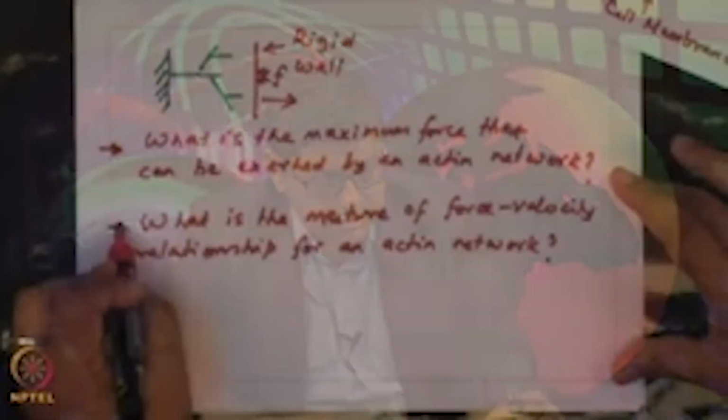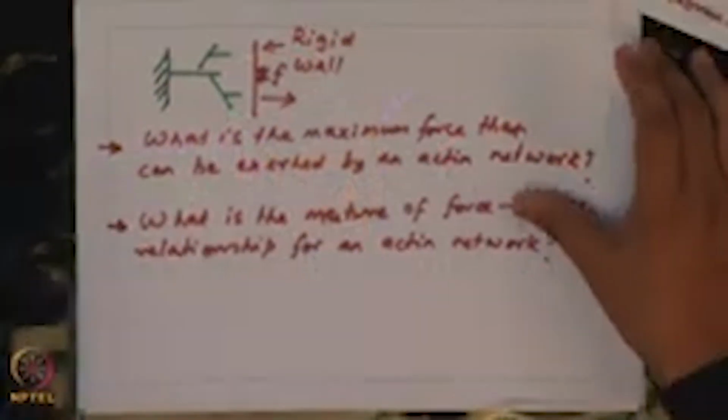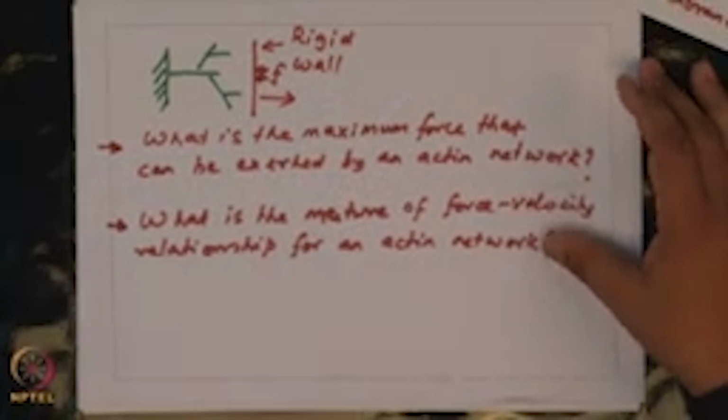However, if the force is greater than this F, then the wall will move. So, as a consequence of that, you can track at what rate a wall moves if it is constrained by a force F and it is subjected to polymerization of an actin network. So, to answer these two questions, I am going to show two approaches, one is an experimental one and one is a computational one.